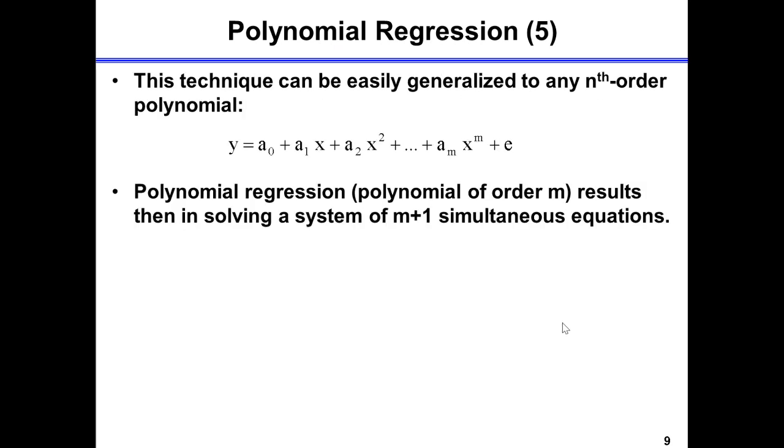The technique that we talked about, polynomial regression, can be easily generalized to any nth-order polynomial. What does it mean? It means that, for example, if you have a polynomial of order, let's say, 10, we can use this technique. The only thing is, look here, when we are talking about order 10, here is m.